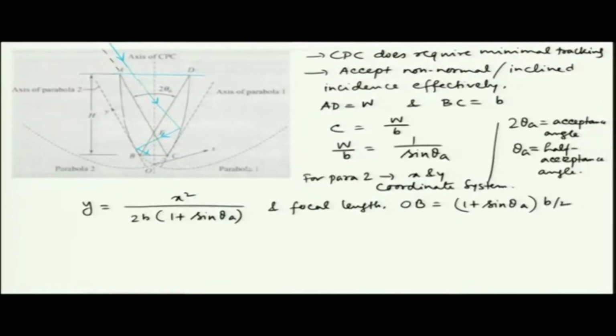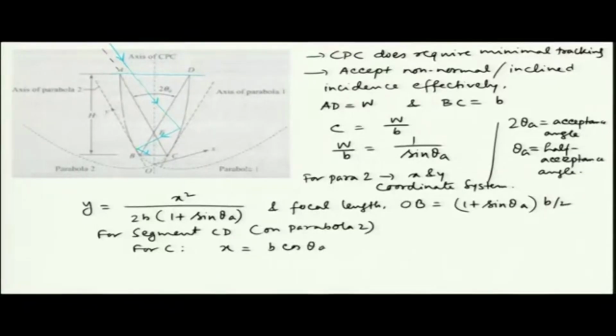So, now for segment CD, which is on parabola 2, you can write the coordinates. For C, the x coordinate is b cos theta A and y coordinate is b by 2 1 minus sin theta A. Okay.